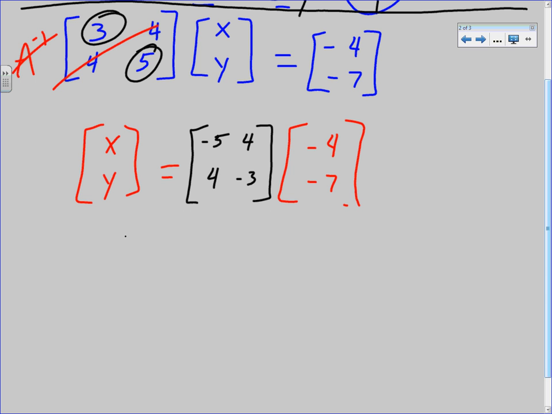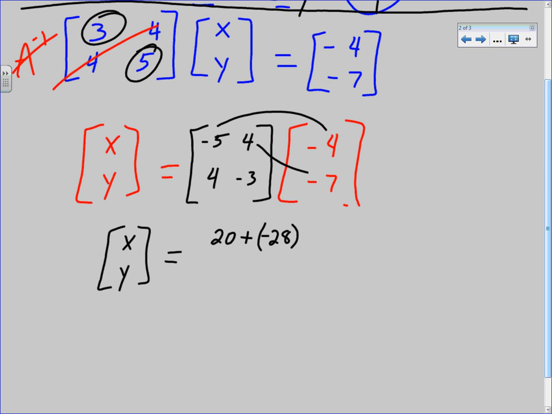All right, so this matrix x, y should be equal to -5 times -4, which is 20, and then we add 4 times -7 to it, -28. And then 4 times negative 4, which is negative 16, and then 3 times negative 7, which is 21.